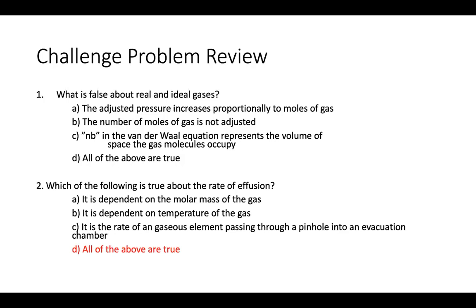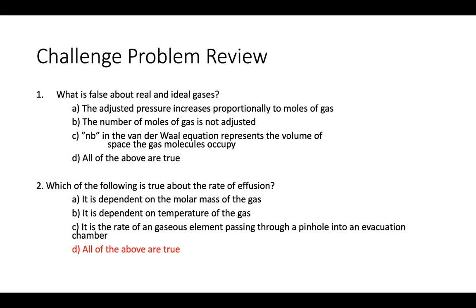Okay, and then C says nb in the van der Waals equation represents the volume of space the gas molecules occupy, right? So remember, in the ideal gas law, we assume that no gases occupy space, right? But in the van der Waals equation, our real gas law equation, our adjusted volume is equal to V minus nb.